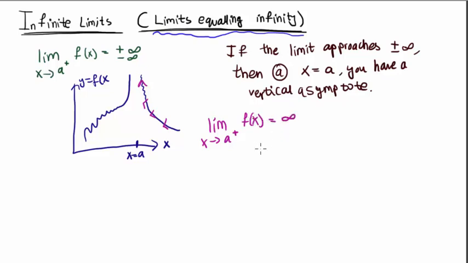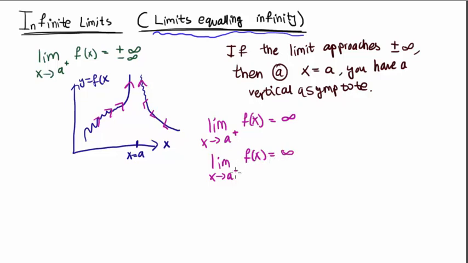Now, since this is the case, let's also look at the left hand side. Let's say limit as x approaches a from the negative side. What's the case now? Well, I can approach it from the left hand side. I'll have my arrows. The closer I get to a from the left, the farther up I go. The y value gets bigger and bigger. So this is also equal to infinity.